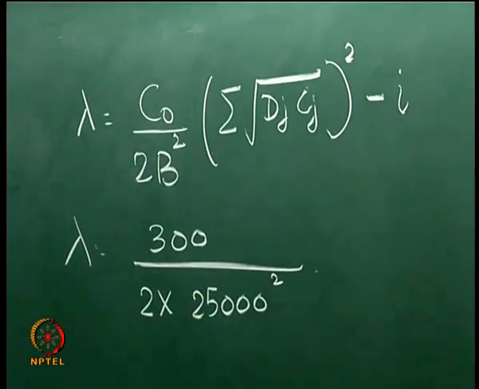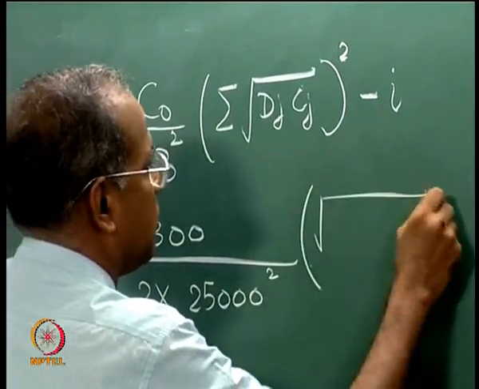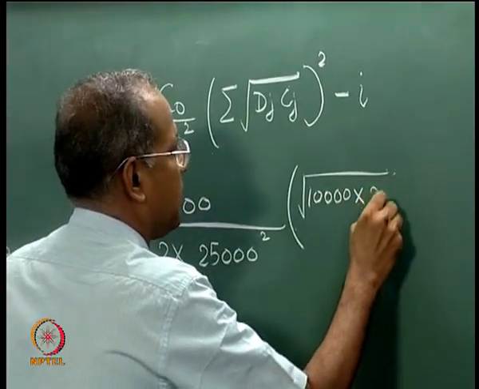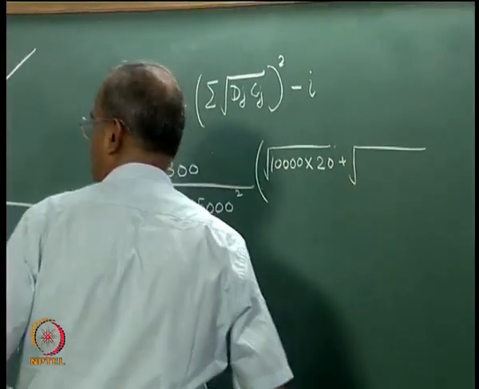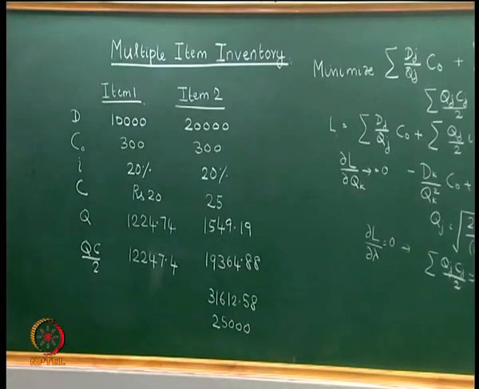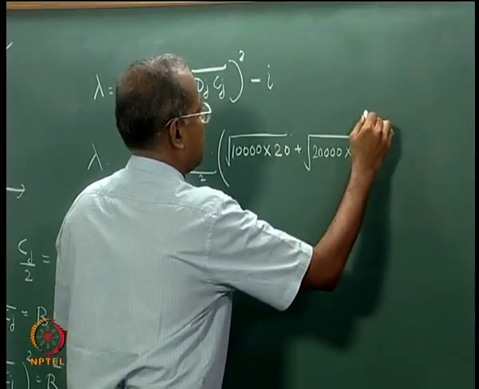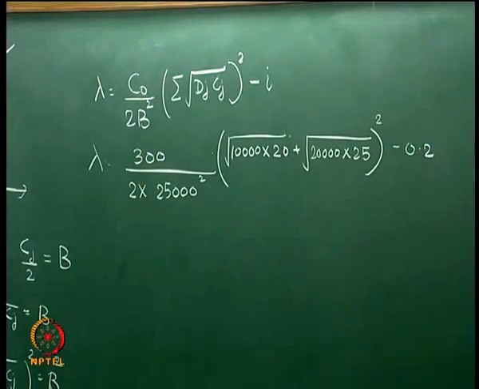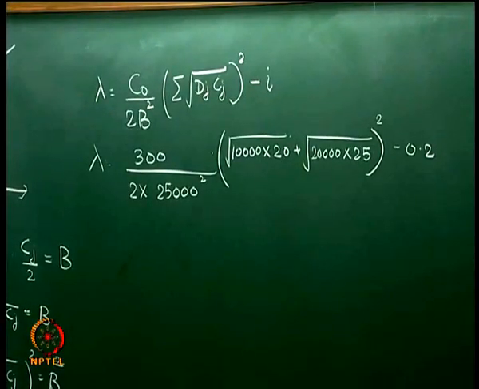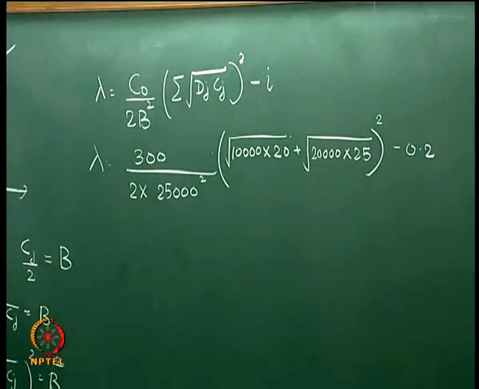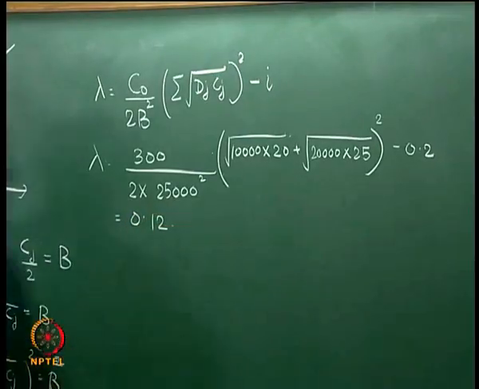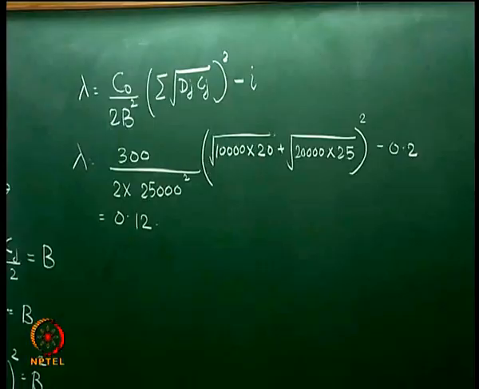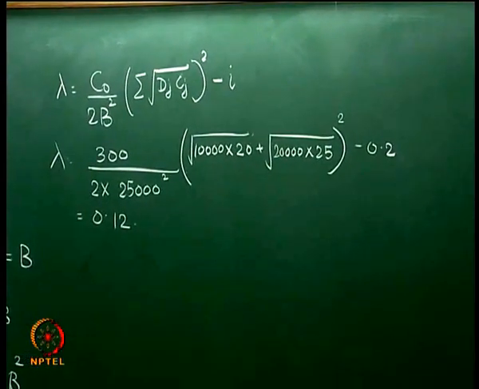So, 25,000 square into the whole square of root of 10,000 into 20 plus root of 20,000 into 25, minus 0.2, and this on simplification would give us lambda equal to 0.12, and once lambda is equal to 0.12, we can go back and calculate Q1 and Q2.